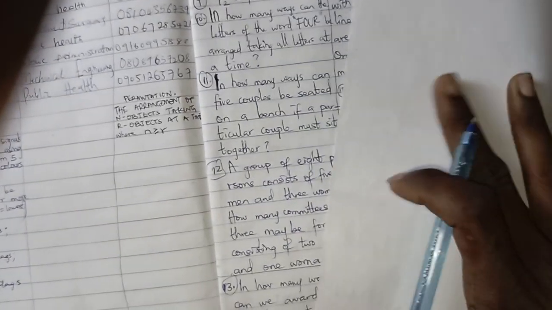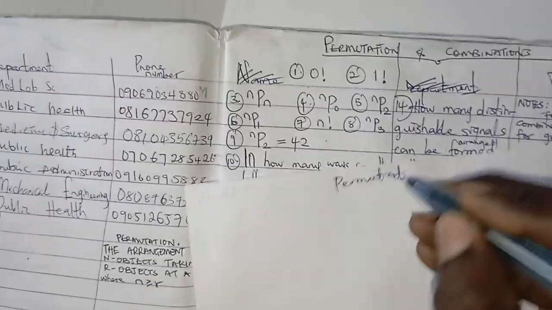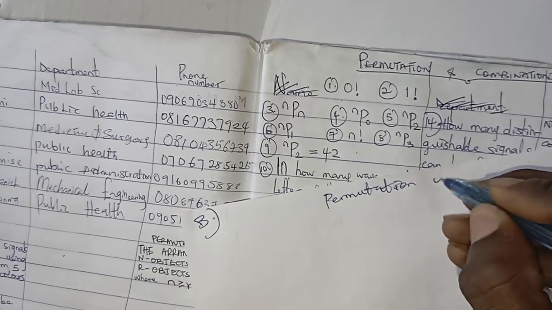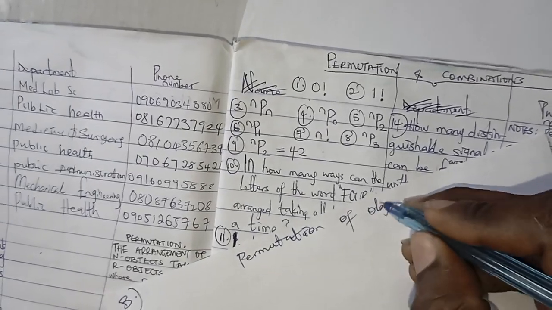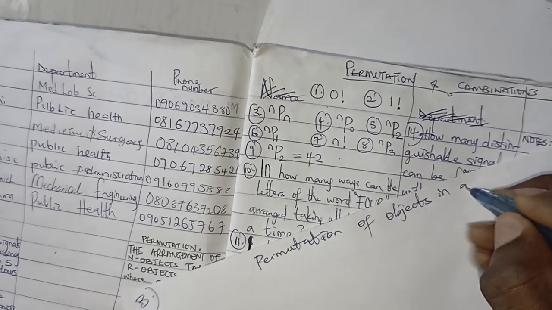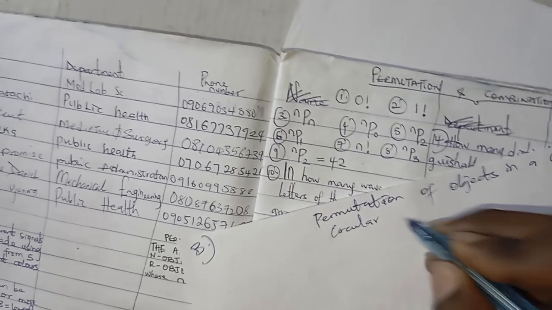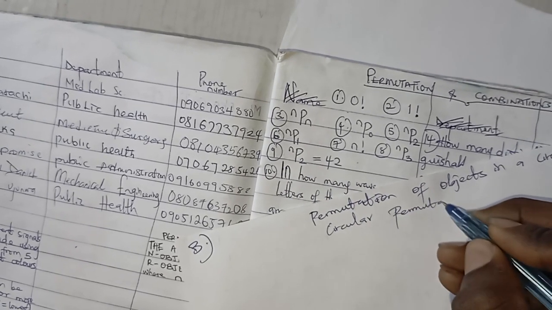So the next type of permutation is circular permutation, or you say permutation of objects in a circle. So for permutation of objects in a circle, that is number 3, third type, permutation of objects in a circle, or you say circular permutation.